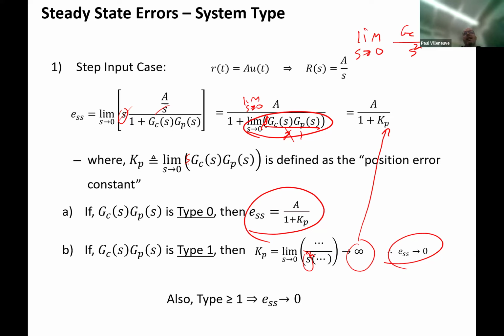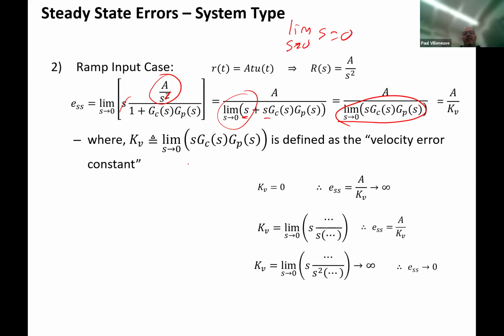If I multiply the position error constant by S, what do I have? First derivative of position is velocity, right? Derivative of X is velocity. So that's where the P and the V comes from, because P, there's no derivative. V is the first derivative of GCGP, and you get that value.